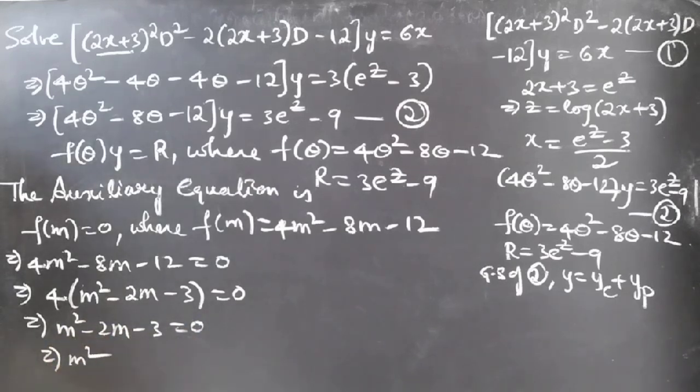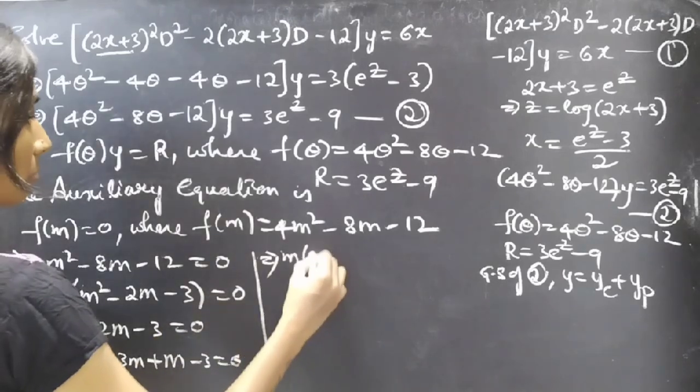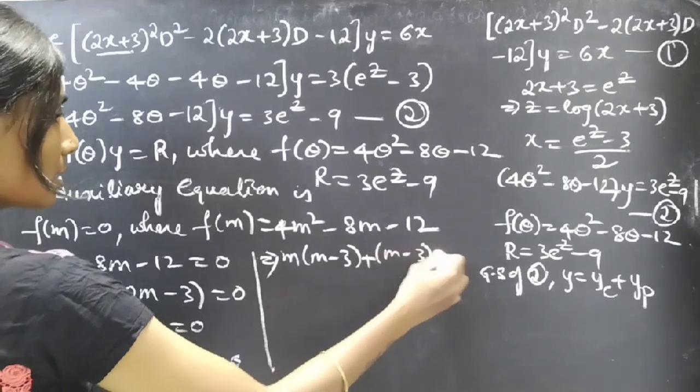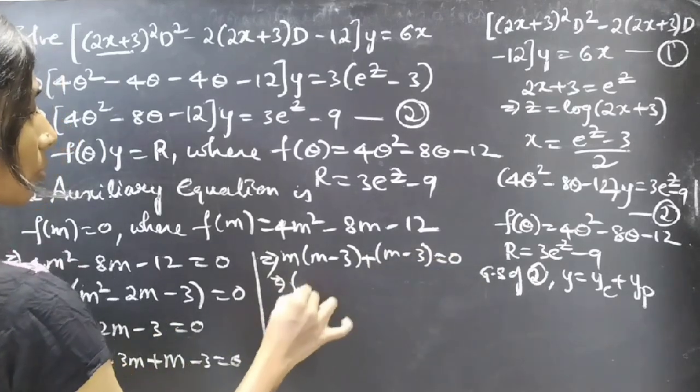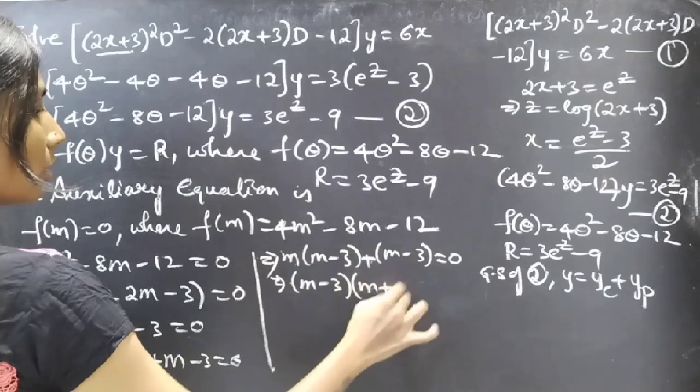Now we need to find roots to this equation, so we'll write minus 2m as minus 3m plus m. Minus 3m plus m is minus 2m again, right? So now take m common from the first two terms, we'll get m times m minus 3, and write the next two terms as they are. Now take m minus 3 common from these two terms, we'll get m minus 3 into m plus 1 equal to 0.